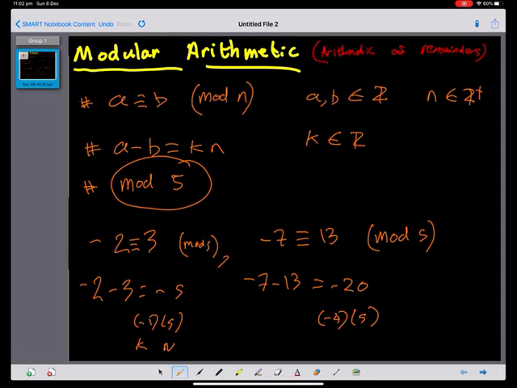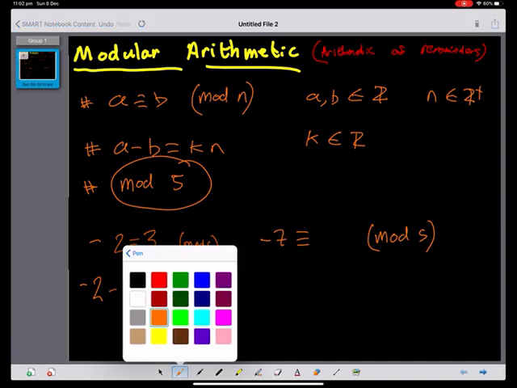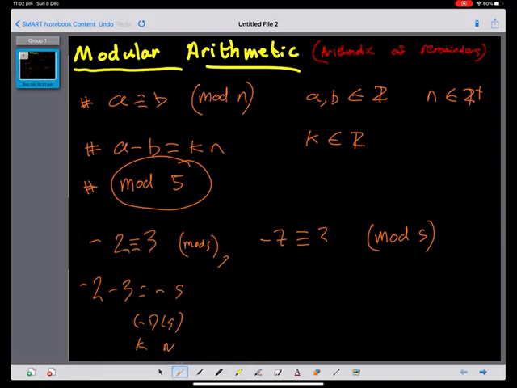Now, as I said previously, we can have different numbers. These are wraparound numbers, so we can also say that -7 is congruent to 3. Why? -7 minus 3 is -10, and we're going to get a k value of -2 and an n value of 5.